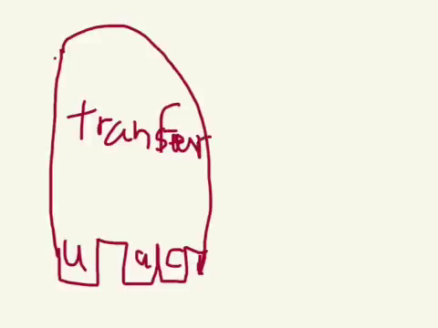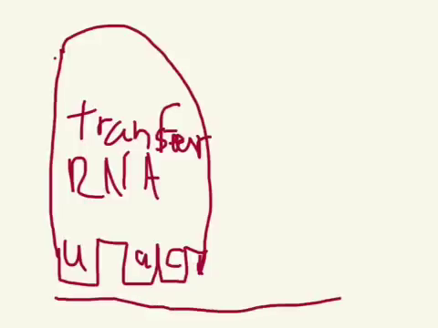For now we'll pair them up. Right on this line, A would be right here. U would be right here. And then G would be right here.